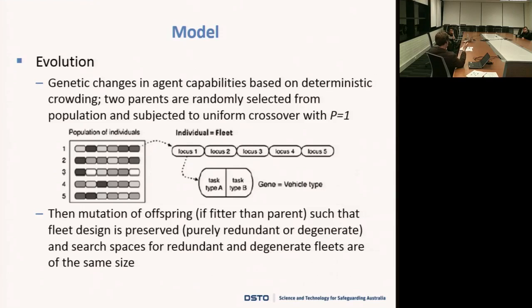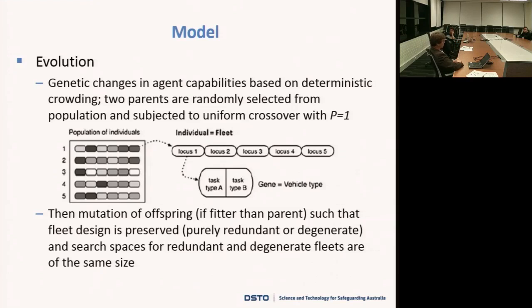We pick two parents. We walk along the loci of the vehicle, which is the matrix V, the functions it can perform, and then with a probability of a half it goes to offspring 1, and with probability a half it goes to offspring 2. So that's what we do with two parents.